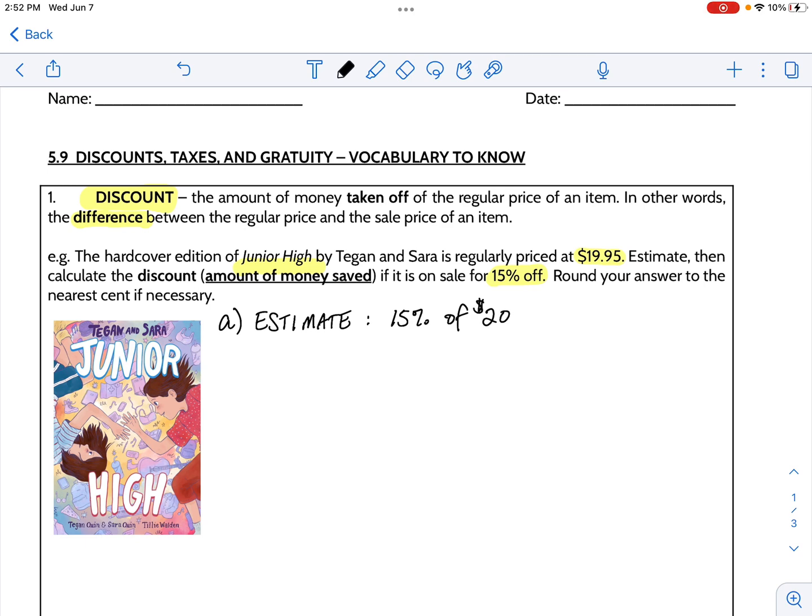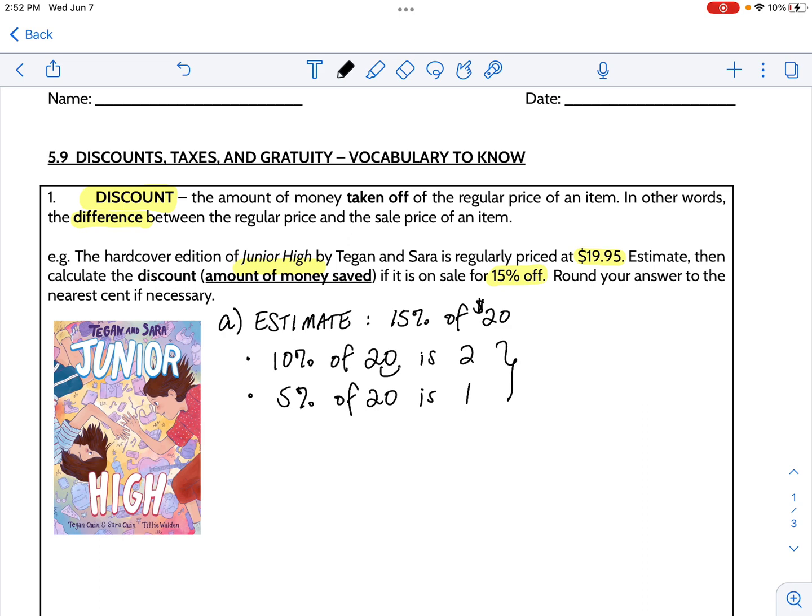I know that in the previous lesson I learned about shortcuts. So I'm going to take 10% of 20, which is 2, because I'm just moving the decimal place over to the left by 1. And I know if I take 5% of 20, I'm referring to the answer for 10% and dividing that in half, which is 1, because 5% is half of 10%.